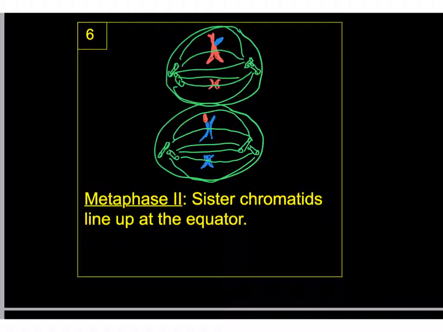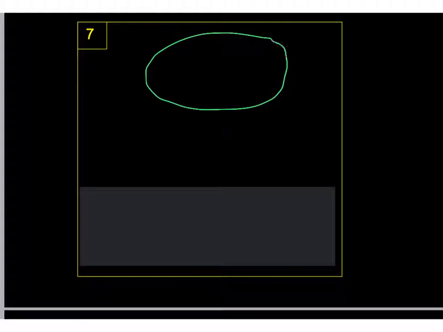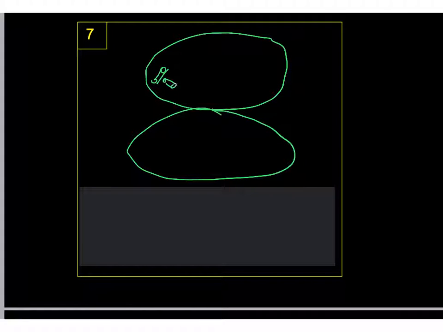Let's move on. From metaphase comes, of course, anaphase. For anaphase, I'm going to draw 2 ovals. Draw my centrioles at the poles.